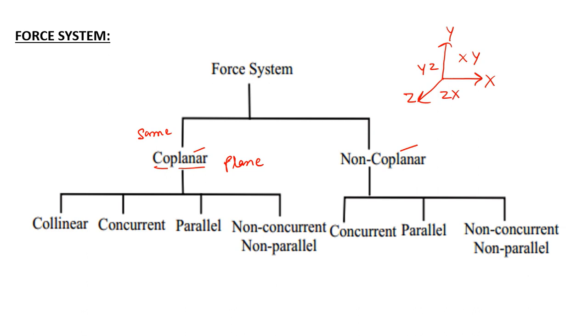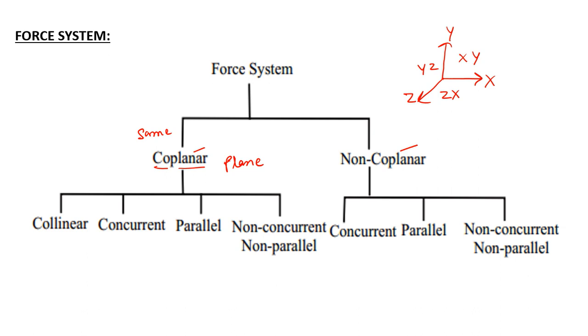So coplanar means that the forces are lying in the same plane, in one plane. Maybe it is xy or yz or zx. On the other hand, non-coplanar means that they are not lying in the same plane. They are lying in two or three planes simultaneously.